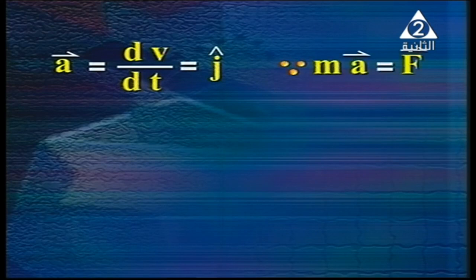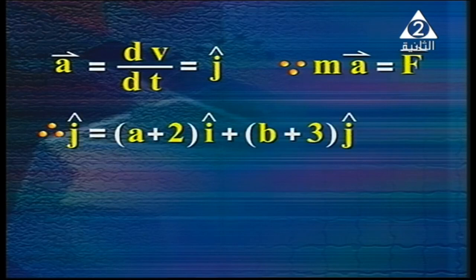Then ma equals f, this equation of motion. By substitution, j equals, what is the j? It is acceleration, equals A plus 2 inside bracket I plus B plus 3 inside bracket j plus 3 minus E inside bracket k.